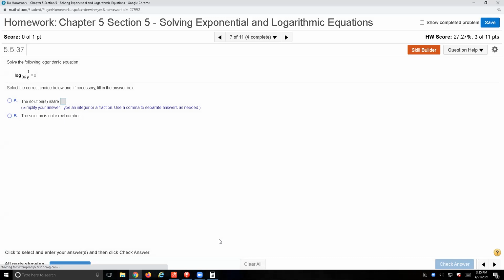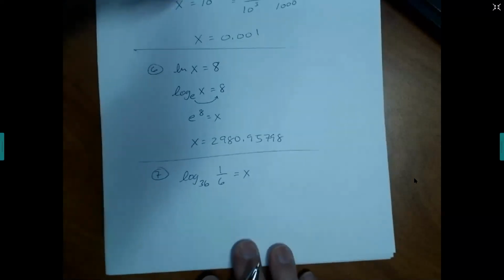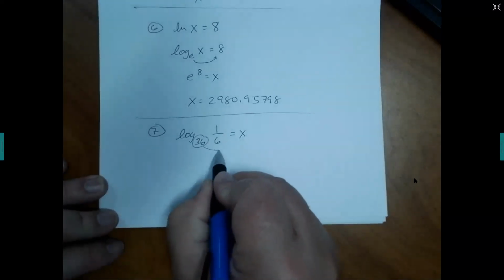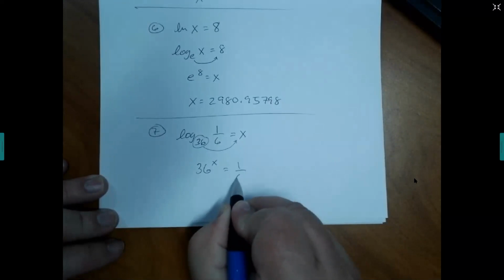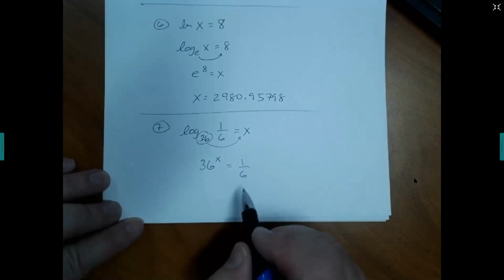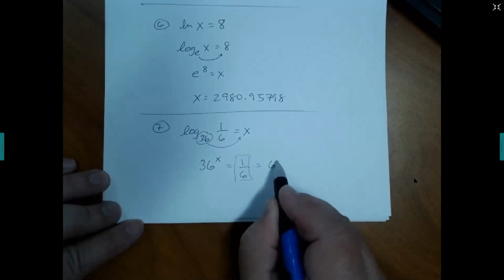Number 7. Log base 36 of 1 over 6 equals x. So it's 36 to the power x equals 1 over 6. Looking at the right-hand side, 1 over 6 is the same thing as 6 to the power -1.